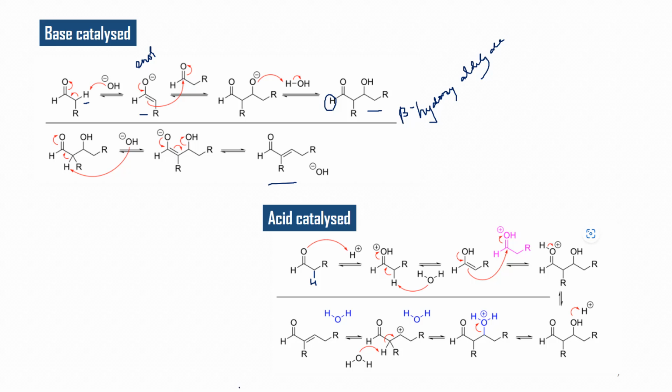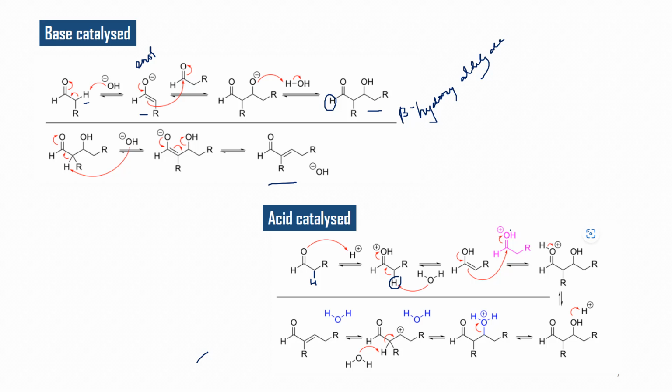So this will take one of the... In the presence of this acid, this carbonyl oxygen gets protonated and this hydrogen gets some acidity, and it will take part in this type of resonance, forming this enol.